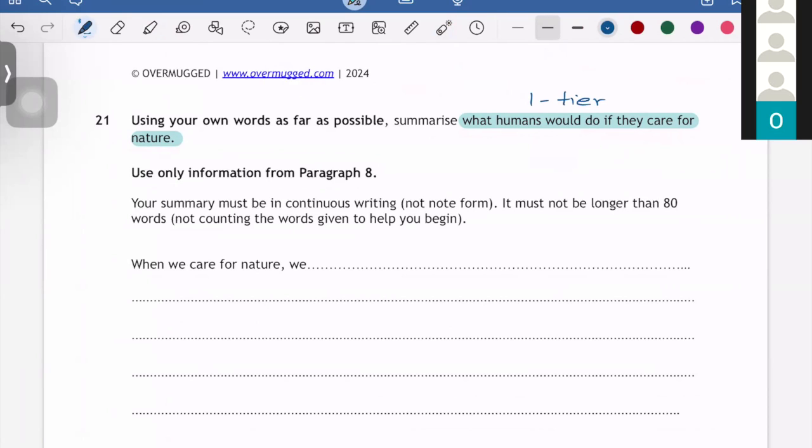If they're asking you to find information for two categories, that is a two-tier question. So highlight the keywords and then determine whether it's one tier or two tier. Next is to take note of which paragraph you're getting your information from. So it's from paragraph 8.